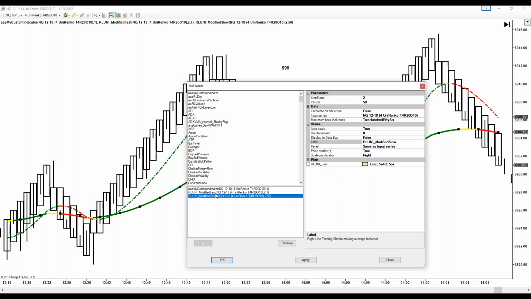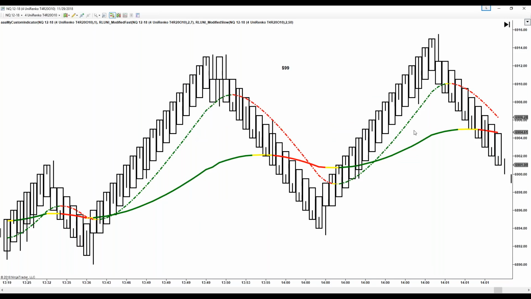This is a modified slow and a modified fast. They're preset. So you can't make it a 45 of a 45, because the inside of the code is fixed. So let me see if there are any questions.